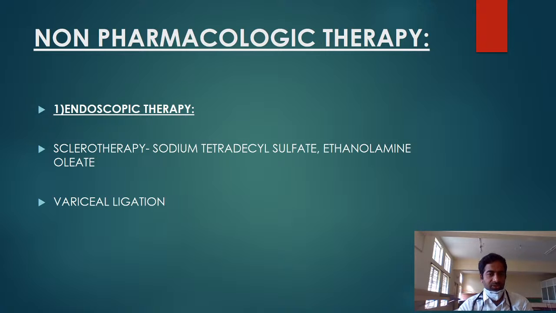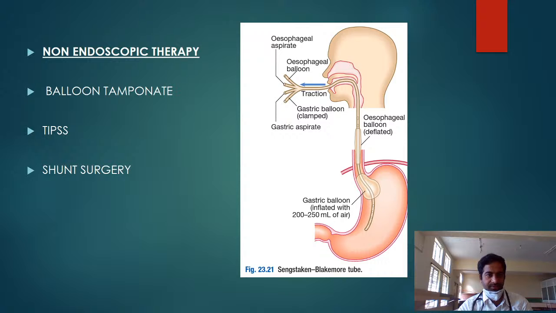So that's endoscopic, and non-endoscopic you do a balloon tamponade. This balloon tamponade is a three-way tube. It has an esophageal balloon, an esophageal aspirate, one for gastric aspirate and one for the gastric balloon. Usually this is clamped. You call it the Sengstaken-Blakemore tube.